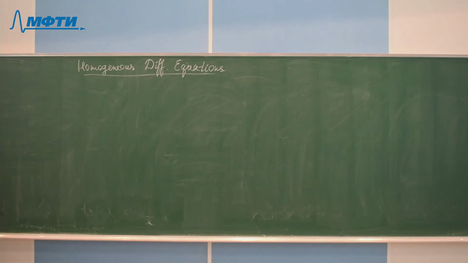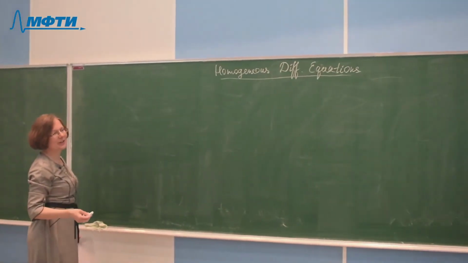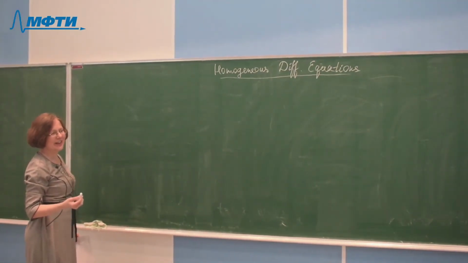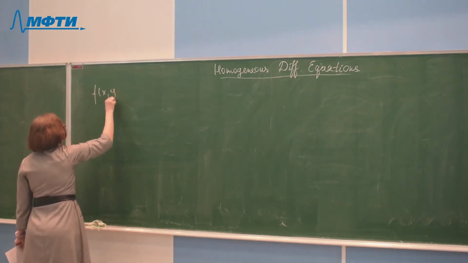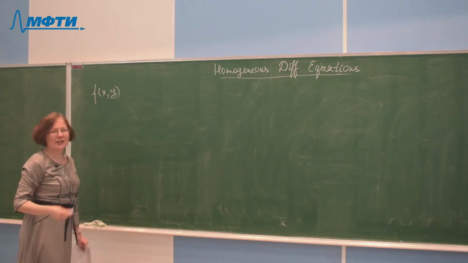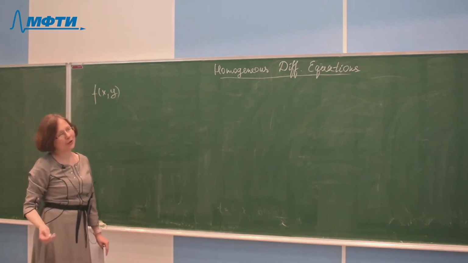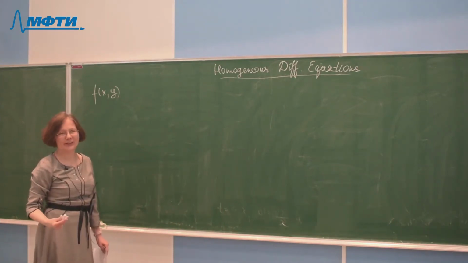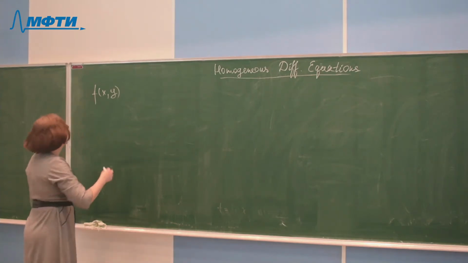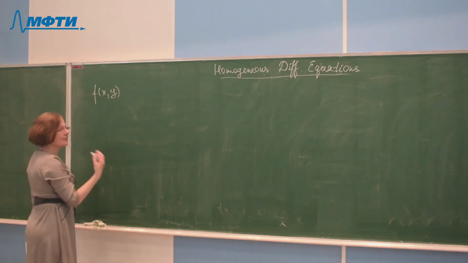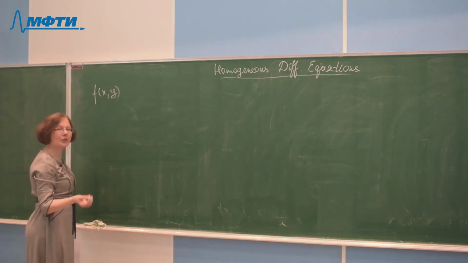Do you know what a homogeneous function is? A homogeneous function depending on two variables. What does it mean that the function is homogeneous of order n, for example? Okay, so this is for a polynomial.